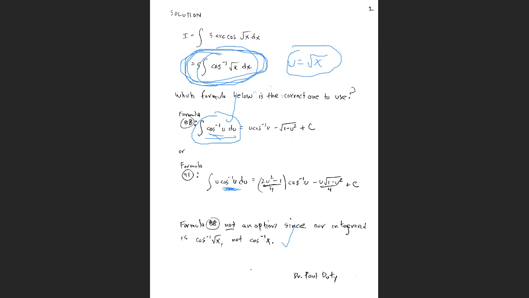You see what I mean there? Now we can let u equal the square root of x, and then with that substitution, that'll work. But we can't just apply the formula directly with the square root of a variable. Does that help you?